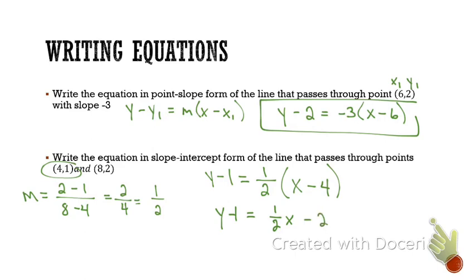Not quite done yet because I got to get rid of this y minus 1, so I need to add 1 to -2, and I get y equals 1/2 x minus 1. All right, and there we go. We got it in slope-intercept, so we are good to go.